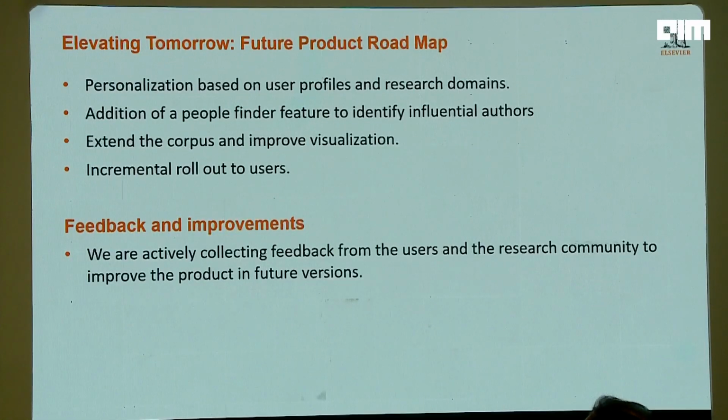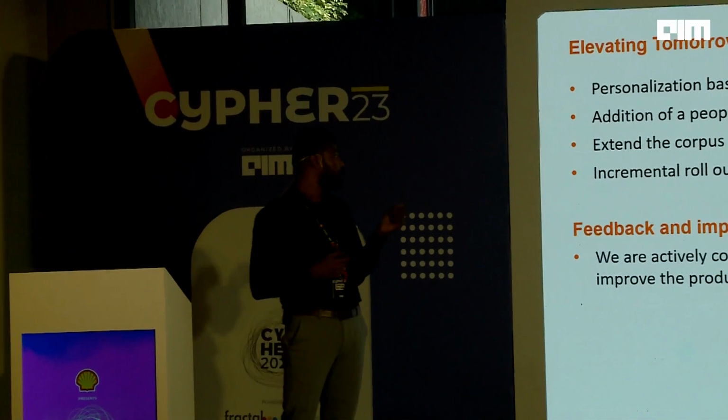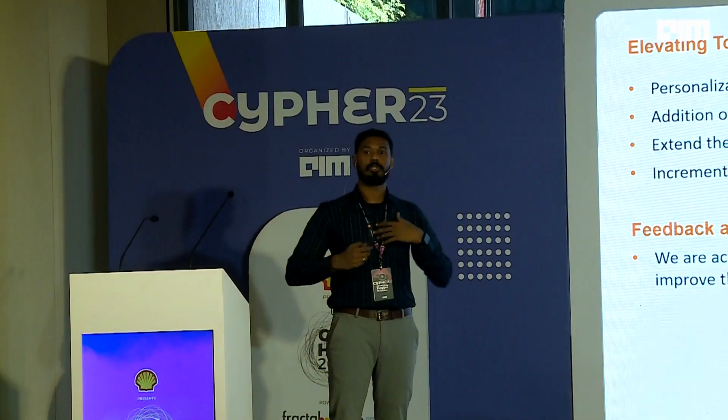So what if we had your search history and could give you more personalized solutions using an LLM? That is one area we are going to work on. The second is a people finder, using which, if you know an influential author and you want to follow their work, you can get more updates on the work from him or her.